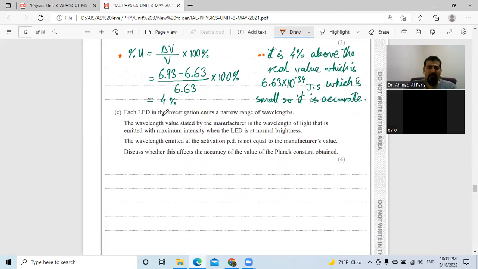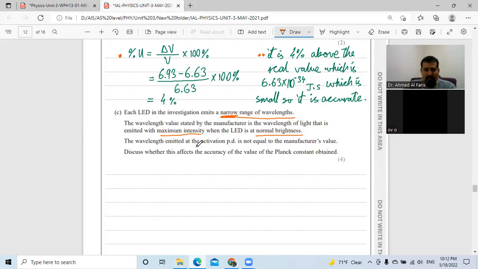Each LED in the investigation emits a narrow range of wavelengths. The wavelength values stated by the manufacturer are the wavelength of light emitted with maximum intensity when the LEDs are at normal brightness.